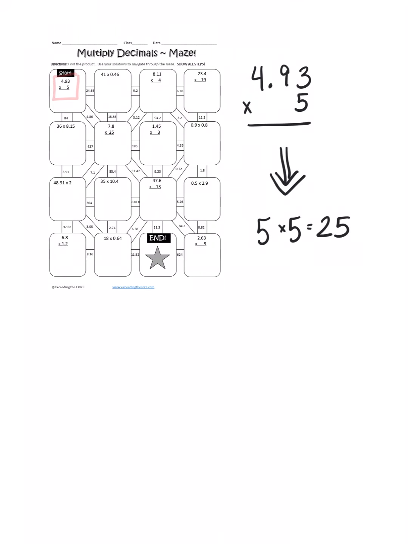So if we estimate beforehand, we're pretty certain that the path of the maze is going to go here by the 24, because the other numbers are either too big or too small. Now let's see if our estimate was accurate.